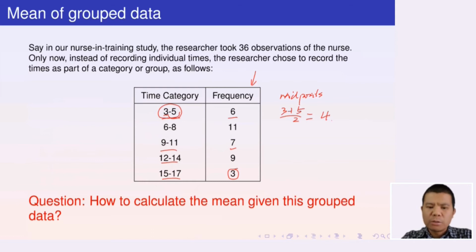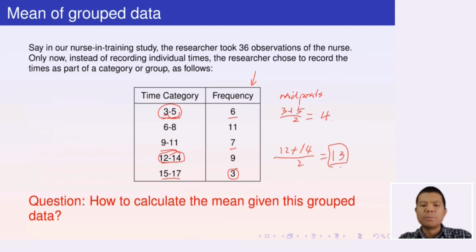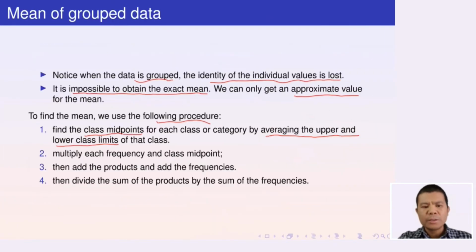Now for this class, 12 to 14, the lower limit is 12 and the upper limit is 14. Divided by 2, you'll find that it's 13. So 13 is the midpoint for this class.